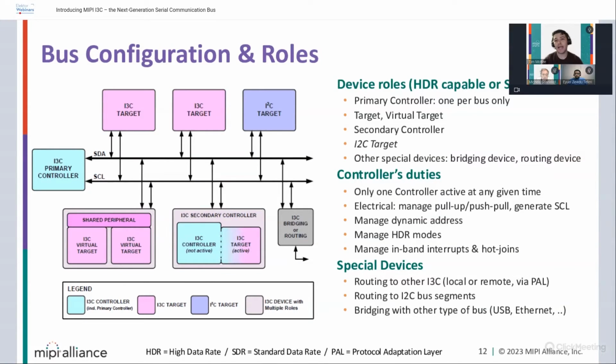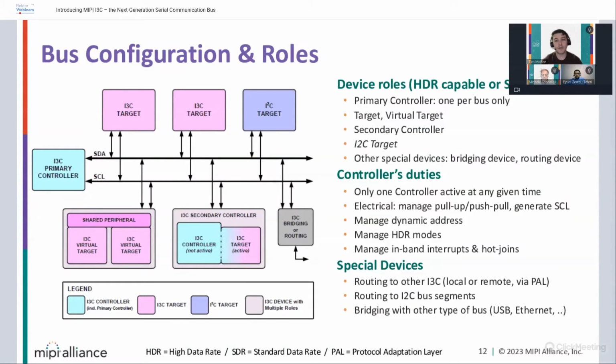There's also the ability to add a secondary controller. It could be a specialized controller that is designed for special conditions, all sorts of different things. And there is a handoff procedure that we have designed to hand off the controller role from the primary controller to the secondary controller. Of course, I2C targets.